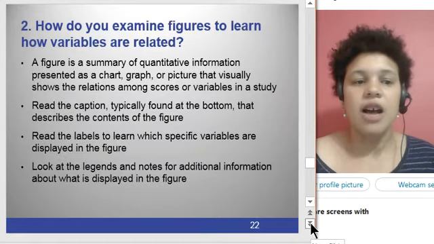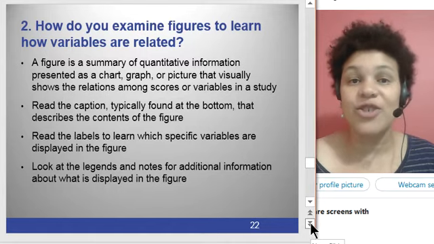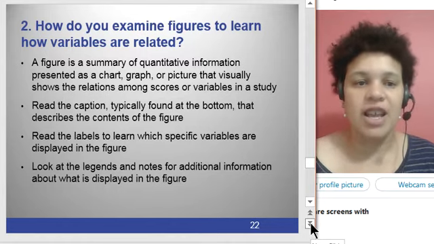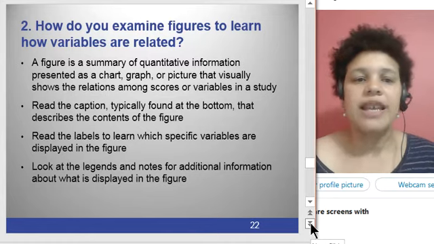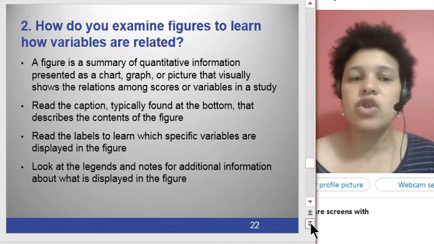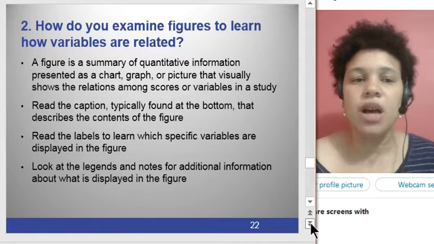And then I also included some figures, and hopefully a lot of your papers will include figures, because often they're a summary of quantitative information that can be a lot clearer than the tables. And it can be a chart, a graph, a pictorial type thing that visually shows the relationship among scores or variables in the study.